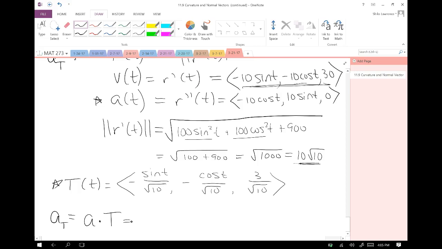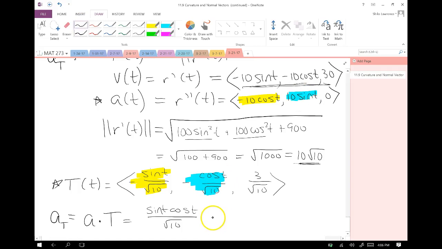So with the dot product, we multiply corresponding components and add the results. So I'm going to multiply my i components together. And that's going to end up being positive sine t cosine t over radical 10. Multiply your j components together.